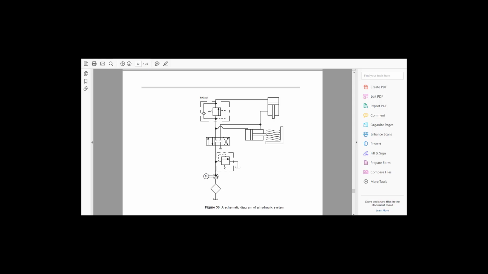So I can see that the pump is being driven by a motor. There's a filter. If I understand all the symbols, I can see the pressure relief valve. There's a directional control valve, and I see 2 cylinders. I can look at the symbol for the directional control valve and read what goes first.